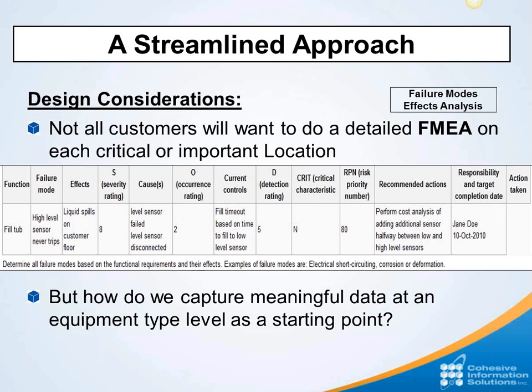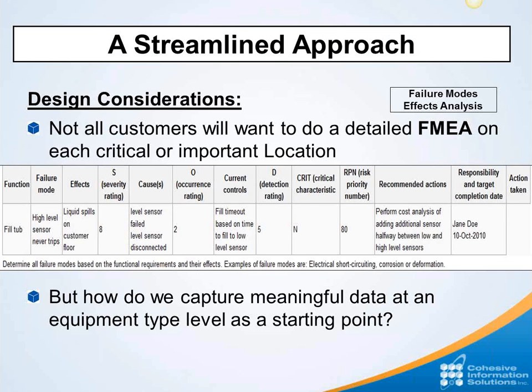And history tells us that more often than not, less than 20% of those locations actually have work orders ever written against them. So why would we do that detailed analysis on the 24,000 operating locations that we're never going to work on? So we had to come up with a way of capturing meaningful data at an equipment type level as a starting point for building strategies across large chunks of equipment without having to go to the detailed analysis.